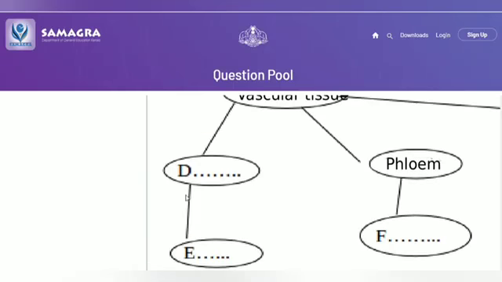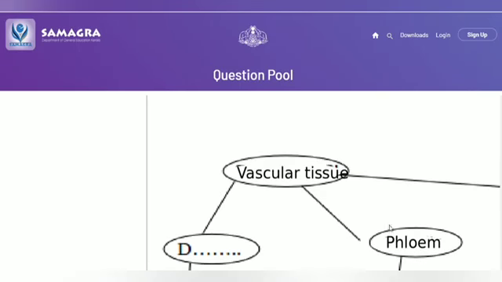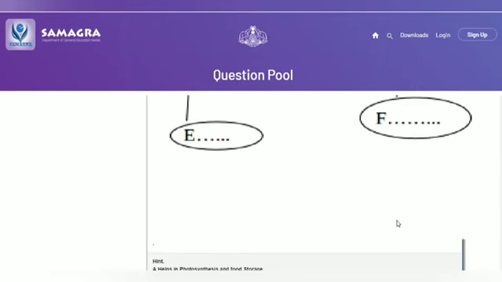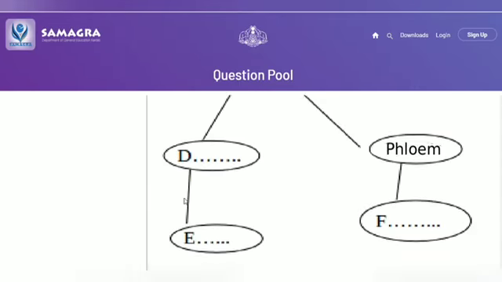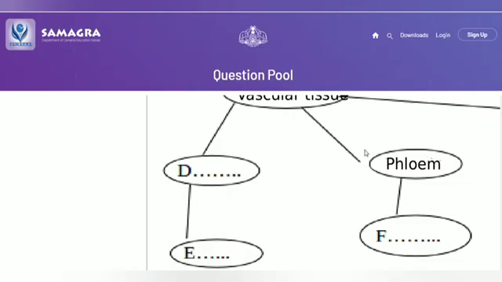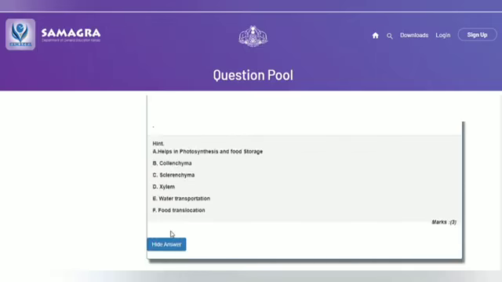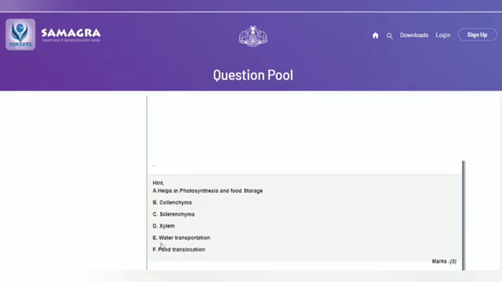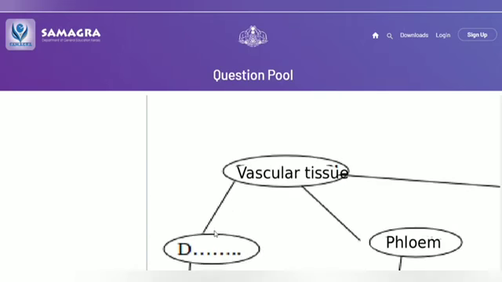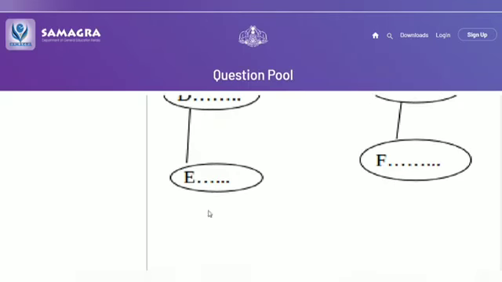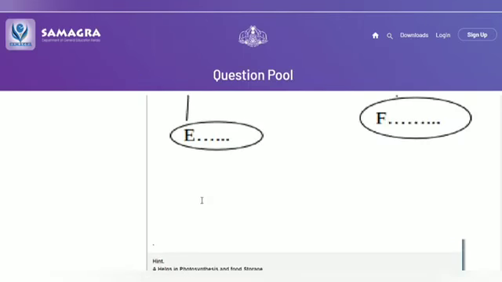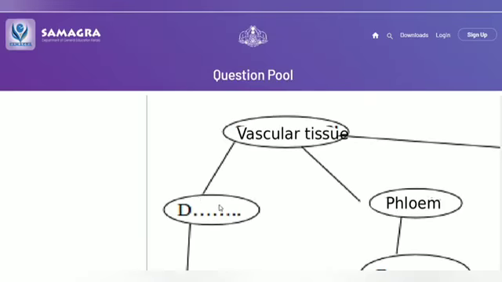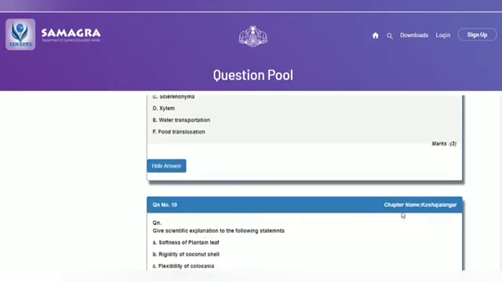For D, E and F: on one side, xylem for water transportation, and on the other side, phloem for food transportation. We already studied that xylem is water transportation and phloem is food transportation.